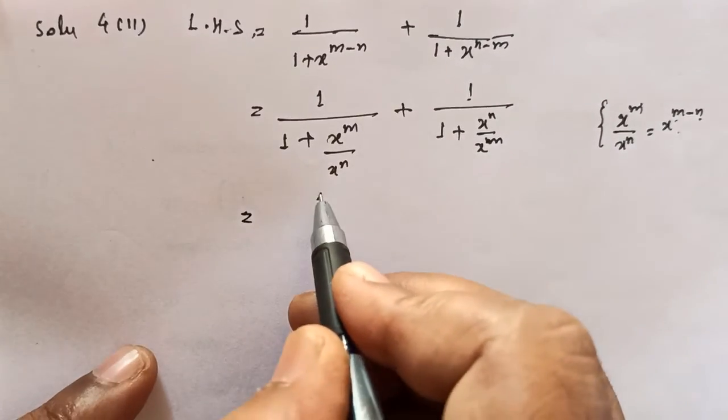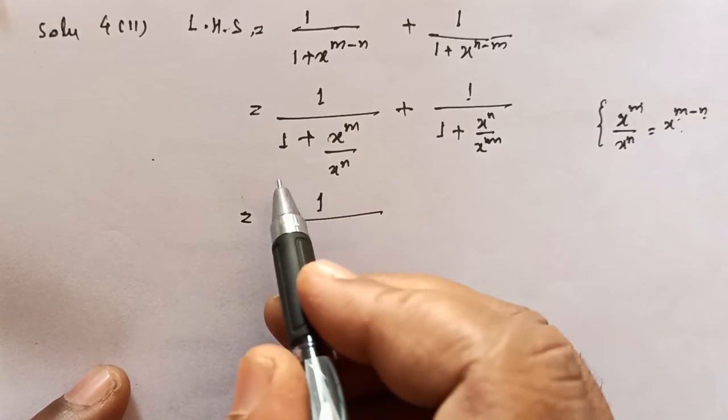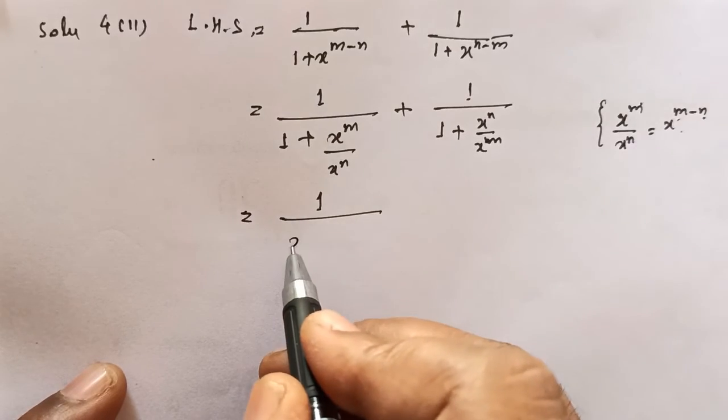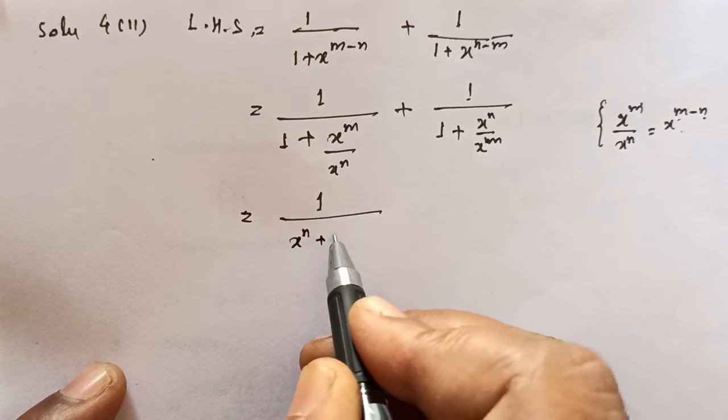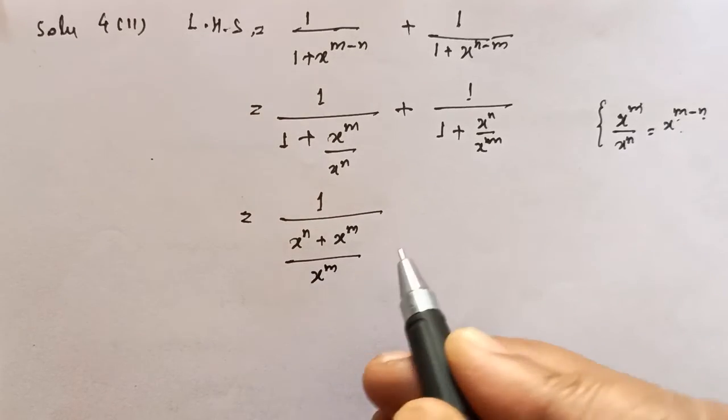Equal 1 upon, plus, upon 1. Denominator different. Cross 1 into x to the power n is x to the power n plus x to the power m upon x to the power m.